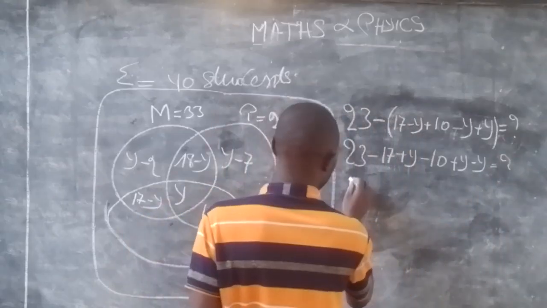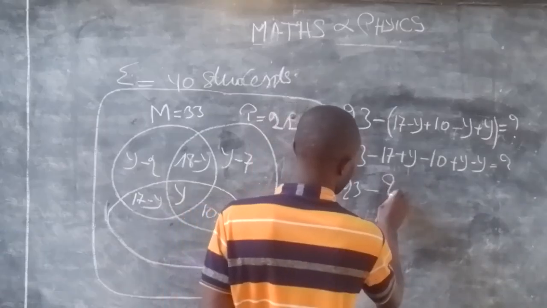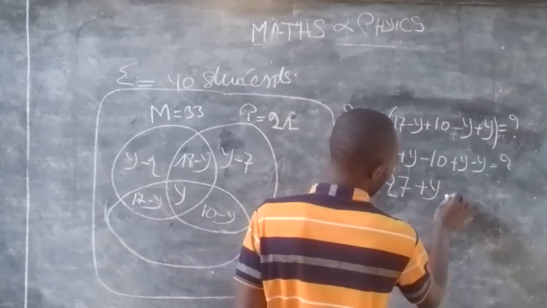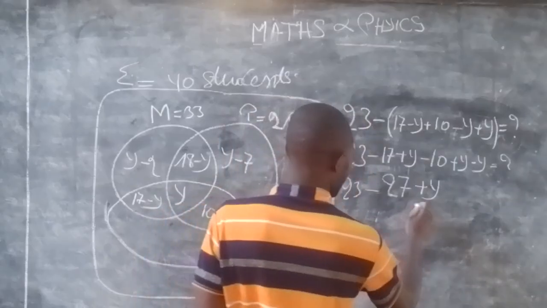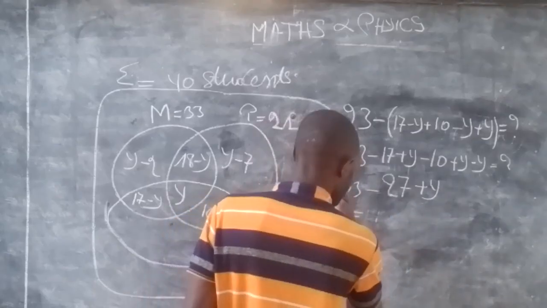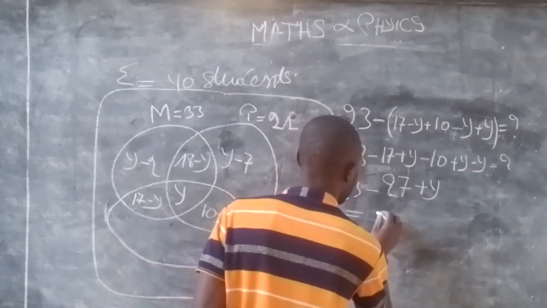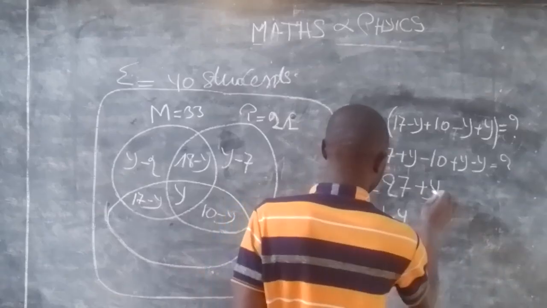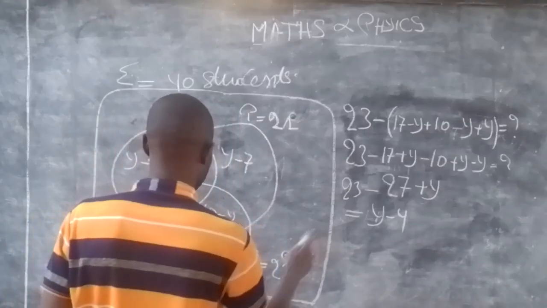Here we have 23 negative 27 positive y, so we have y negative 4. This is the equation which represents the number who participates in chemistry.